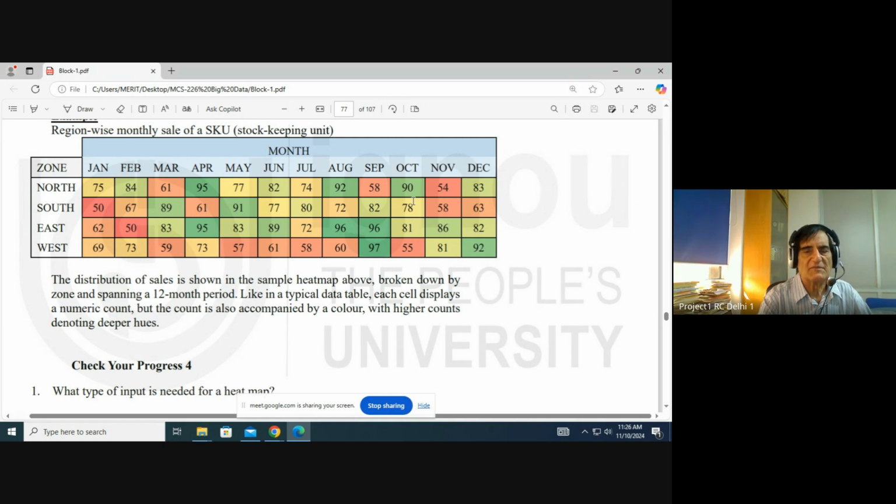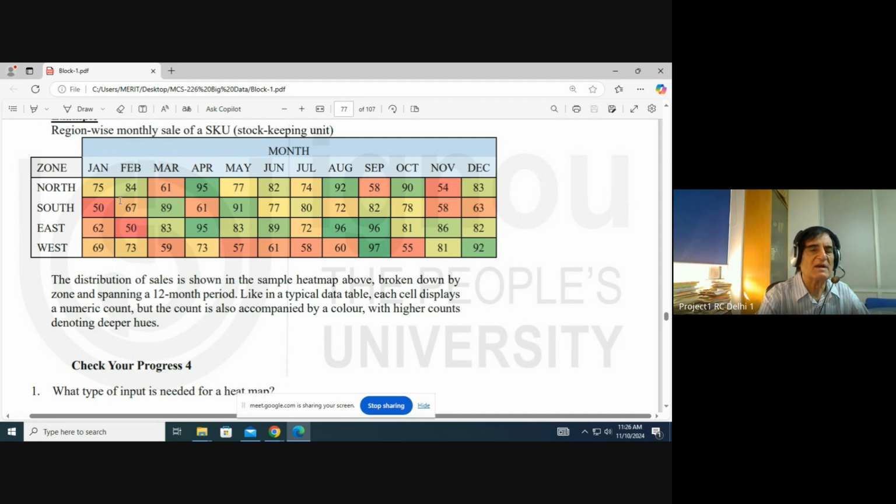So that's the type of colors. You can see 61, 62, 59, 57 are these colors. 73, 73, 75 are the yellow color. 70, 69 and all that. And 90, 89, 90, 91, 92, 96, 97 have blue color.